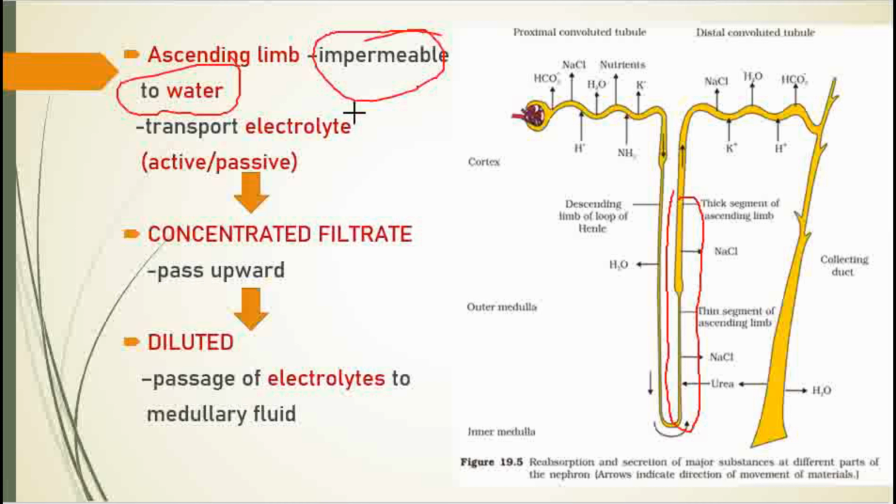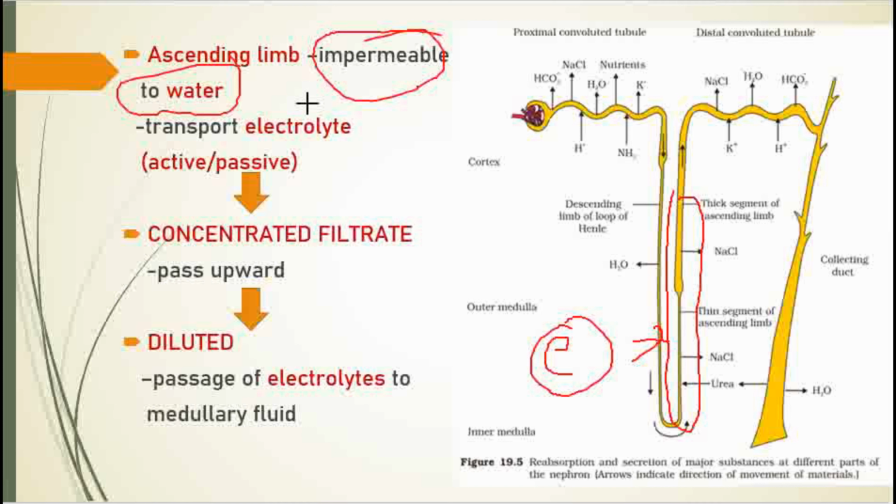It allows the transport of electrolytes actively or passively. So electrolytes pass through the ascending limb. As a whole, in the ascending limb water is impermeable, but electrolytes move actively and passively.